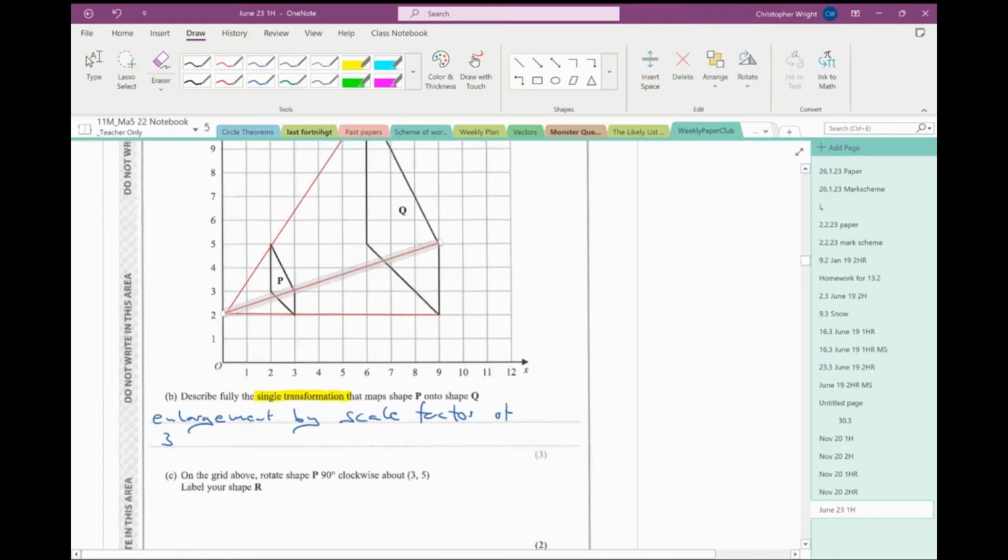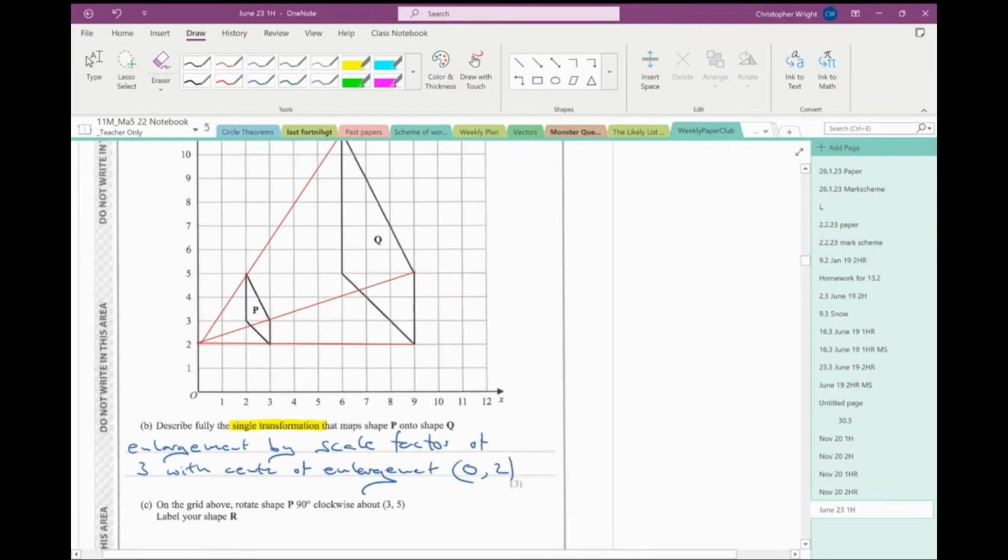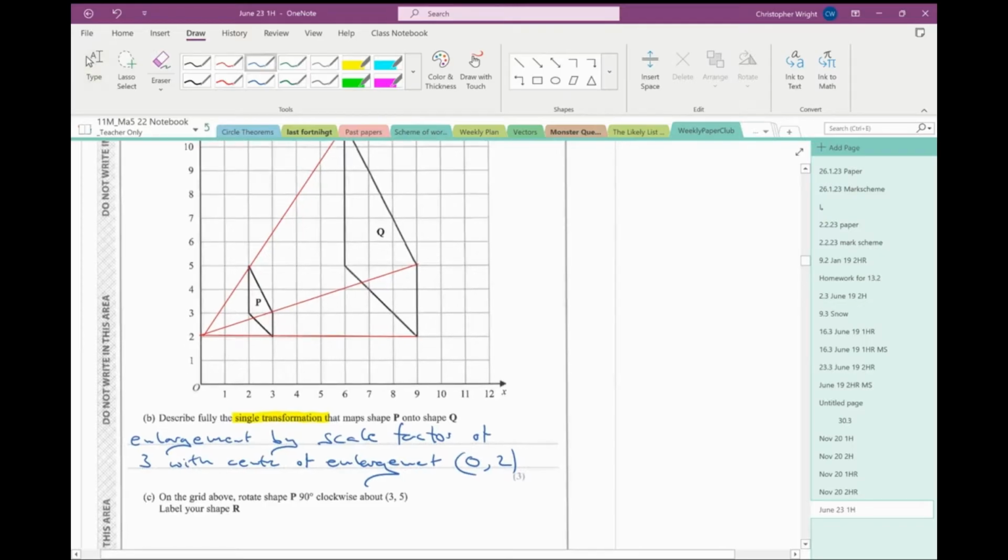So the center of enlargement is (0, 2). Enlargement scale factor 3 with center of enlargement (0, 2). Okay.